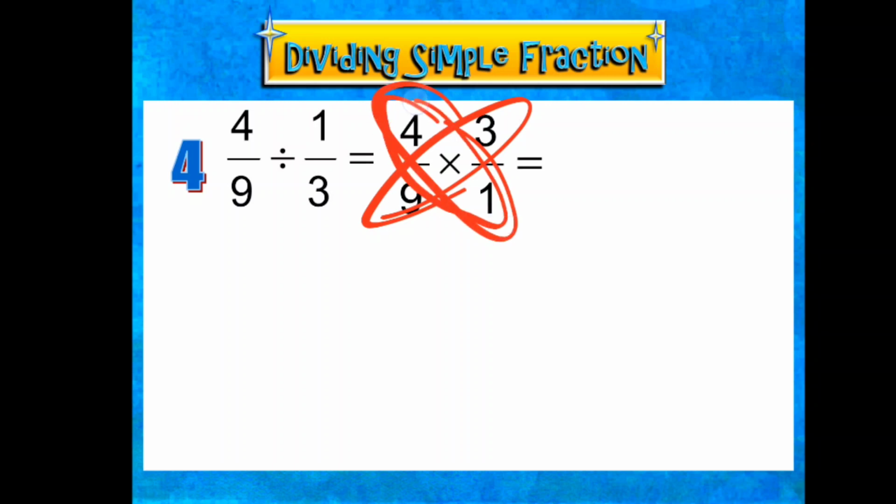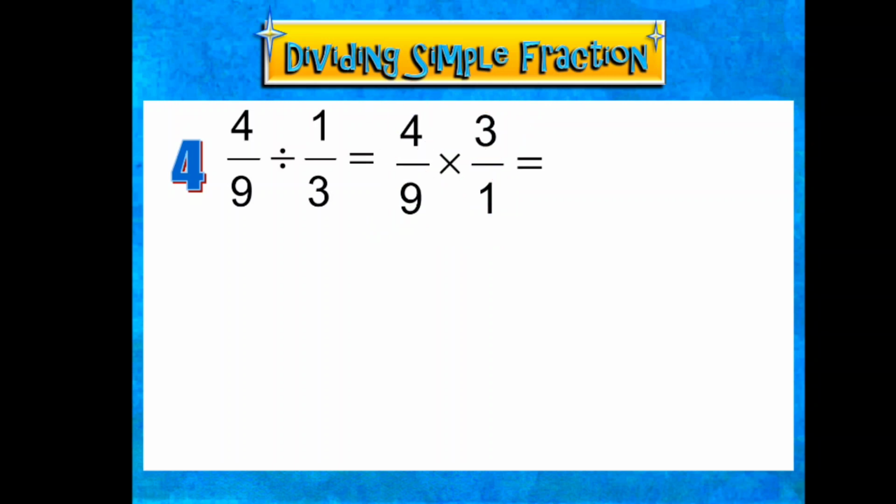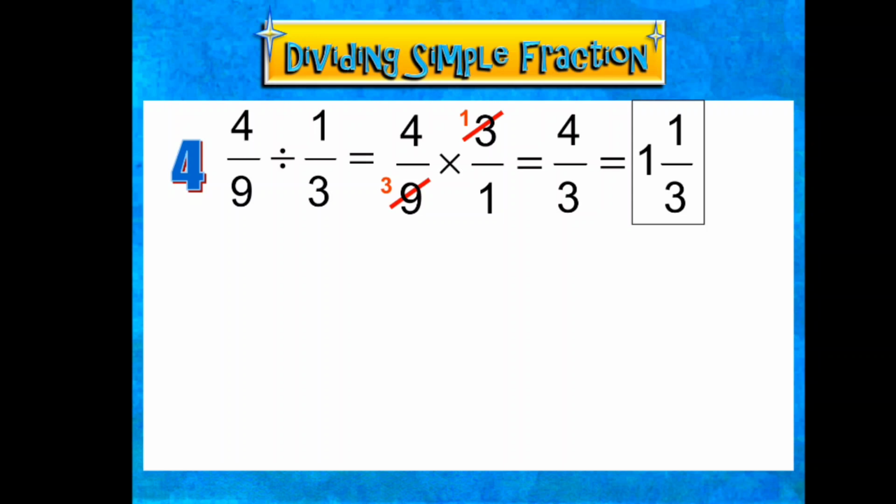What is the GCF of 4 and 1? Nothing. So, just the same. How about the GCF of 3 and 9? It's actually 3. So, divide both by 3. So, 3 divided by 3, it's 1. 9 divided by 3, it's 3. Okay, and then the answer is 4 over 3. Again, your 4 over 3 is an improper fraction. If it's improper, what to do again? Convert that one to a mixed number. Very good. It's 1 and 1/3.